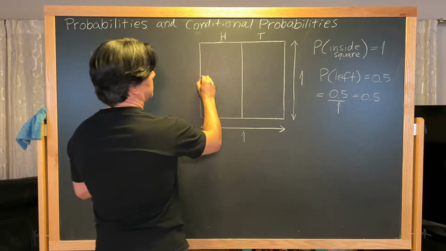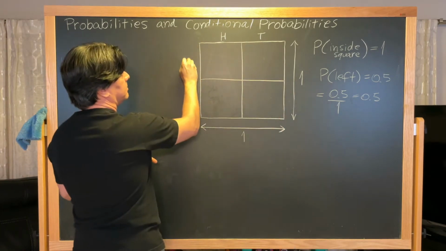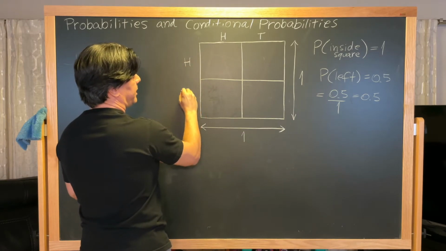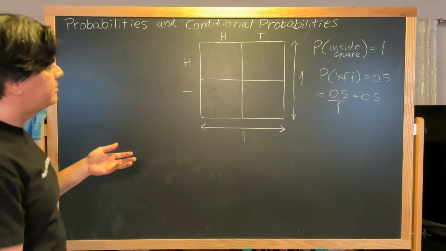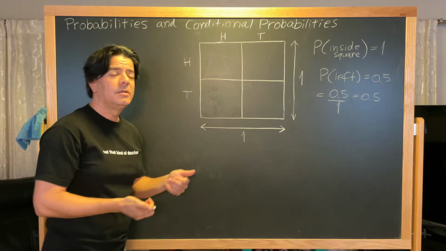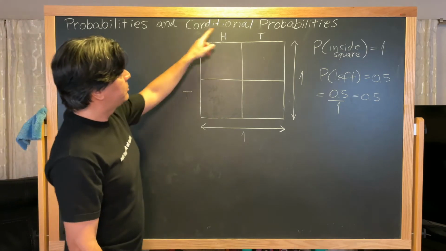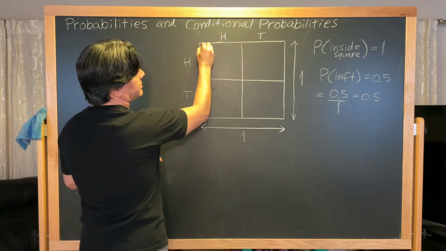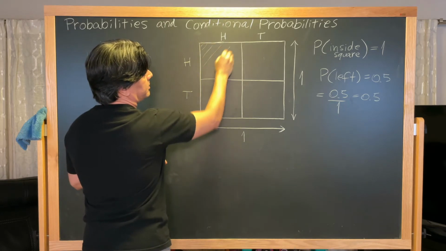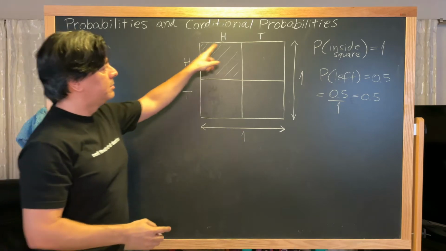Now imagine that I'm going to toss 2 coins. The second one is going to divide this area into heads and tails again. Now, if I ask you, what is the chance that when I toss two coins, I see two heads? Well, the first coin has to be heads and the second one has to be too. So this is equivalent to asking, what is the chance that the dart will fall in that corner little square?